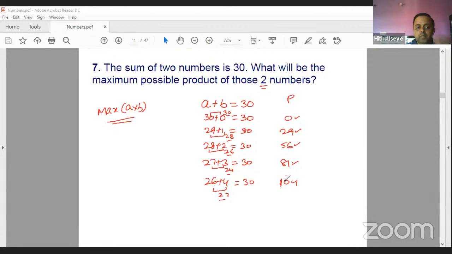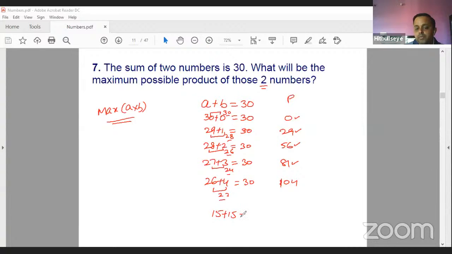So maximum product will be when the difference between the numbers is minimum. When the difference is decreasing, the product is increasing. The minimum difference can be 0, and that will happen at 15 and 15.